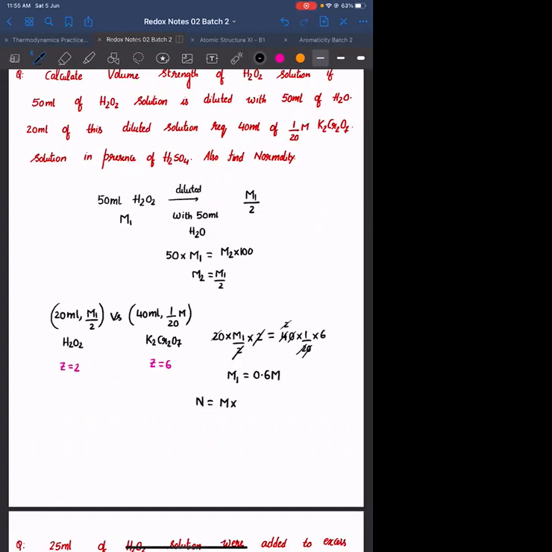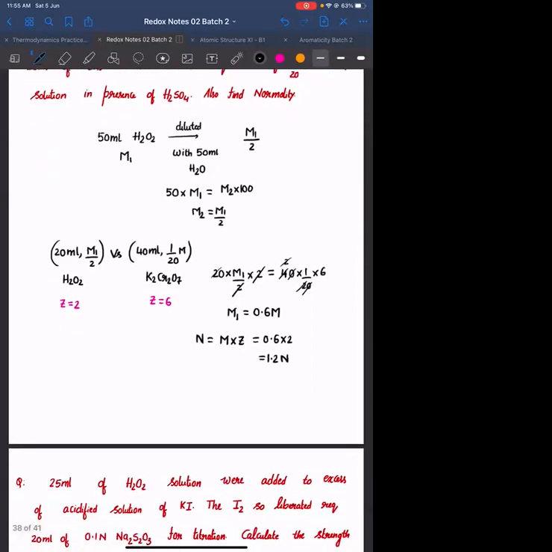What is normality? Molarity into Z factor, which is 0.6 into 2, which is equal to 1.2 normal. What should be the volume strength? Volume strength is equal to 11.2 into molarity, which is 11.2 into 0.6.